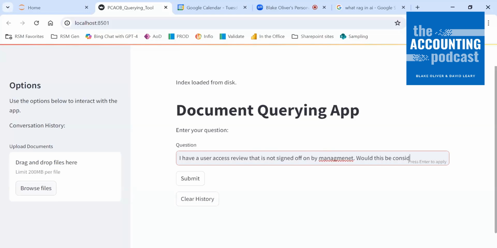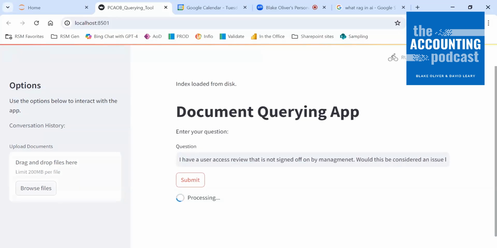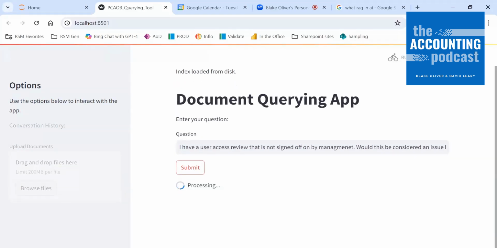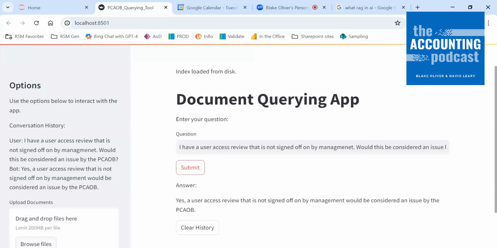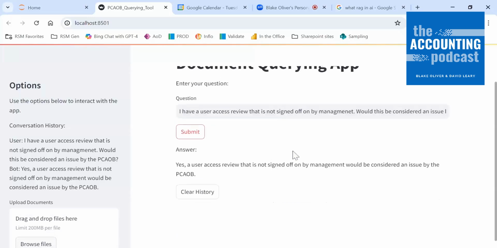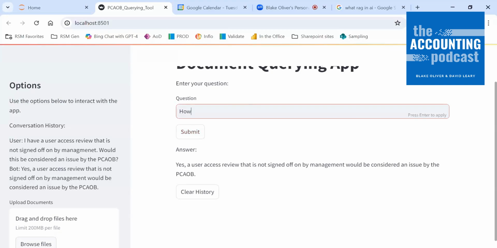Would this be considered an issue by the PCAOB? PCAOB is the governing body of the SOX audits. I have a user access review that is not signed off on by management. Would this be considered an issue? And the answer is yes. A user access review that is not signed off on by management would be considered an issue by the PCAOB.